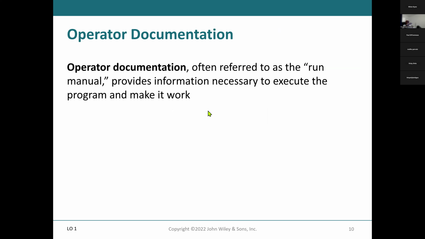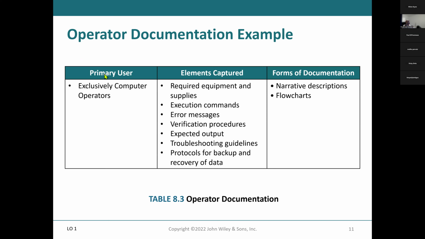Operator documentation is the next level down and is often referred to as the run manual. It provides information necessary to execute the program and make it work. Now, this does not have as much of a role nowadays. In the past, it did. So we'll go through it, but it's not as critical for modern systems.